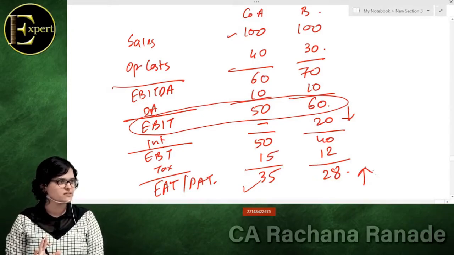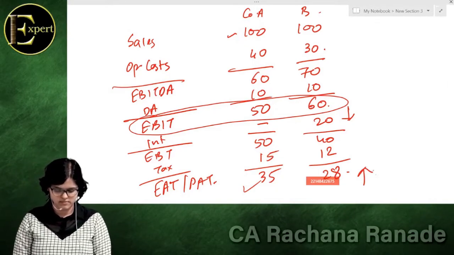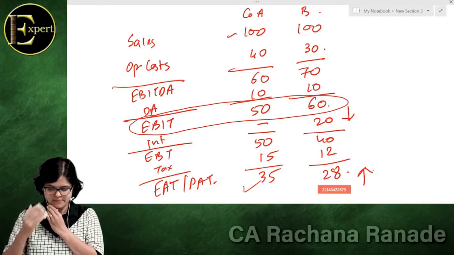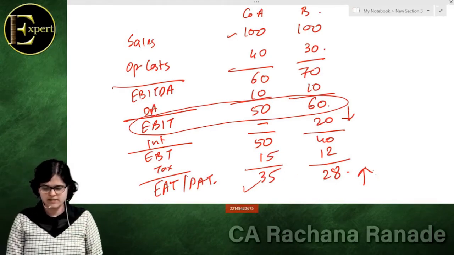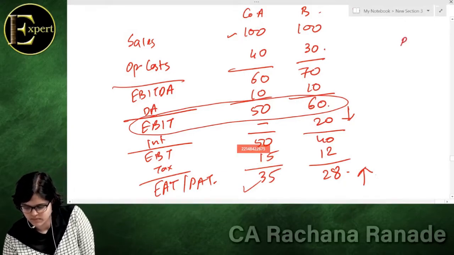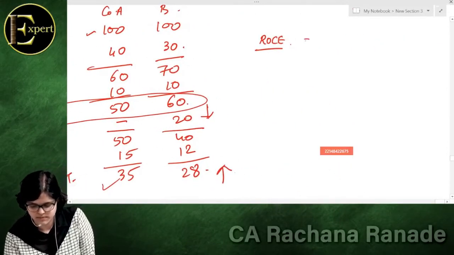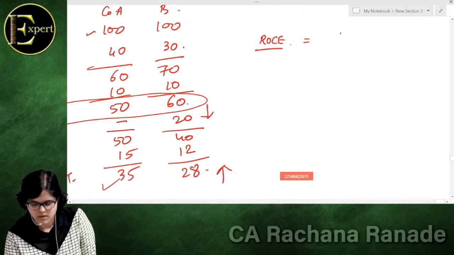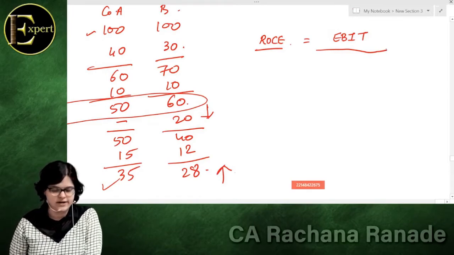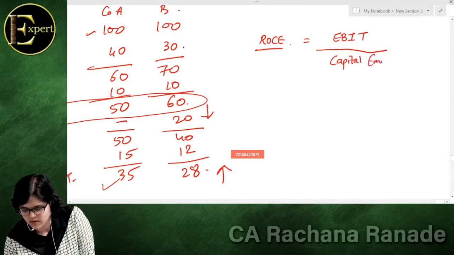Yes, we are on a very important ratio, that is ROCE, return on capital employed. Write down. It is calculated as EBIT divided by capital employed multiplied by 100.